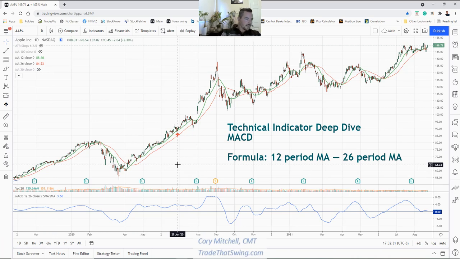So we can see 88.60 minus 84.93 is equal to 3.67. And if we scroll down, we can see the MACD is at 3.66. So maybe there was a little bit of a rounding error there in one of the averages.